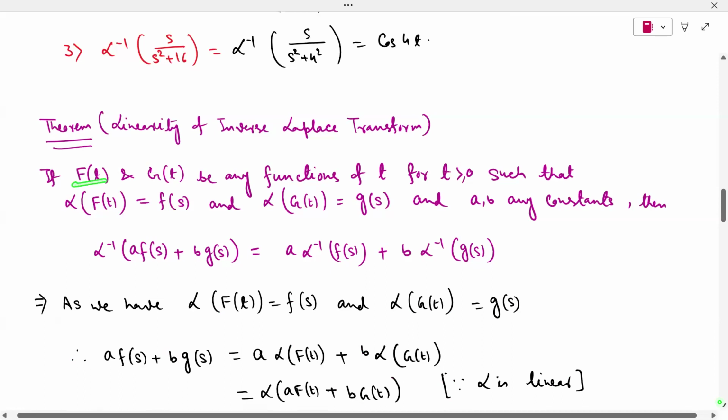It says that if f(t) and g(t) be any functions of t for t greater than 0, such that Laplace transform of f(t) equals small f(s) and Laplace transform of g(t) equals small g(s), and a and b be any constants, then Laplace inverse of a f(s) plus b g(s) acts as linear. So this a comes out, this b comes out, and the summation distributes. So this becomes a times L inverse of f(s) plus b times L inverse of g(s).